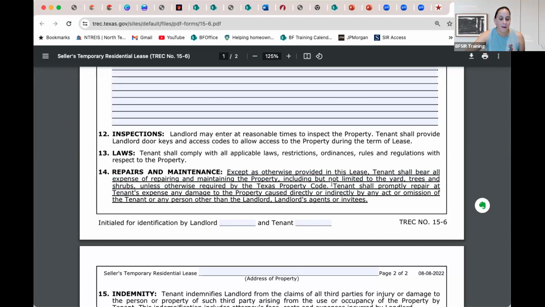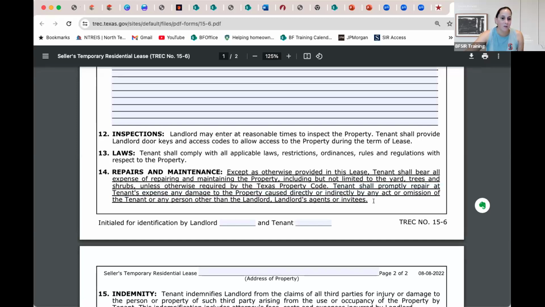They shall promptly repair at tenant's expense any damage caused directly or indirectly by any act or omission of the tenant. So it's like failure to maintain it and then it dies, it's gray, right? The buyer's going to say, I'm not paying for new air conditioning, and the seller still lives there, and the seller's going to say, I don't own this house, I'm not buying you a new air conditioning, right? So it gets really messy.